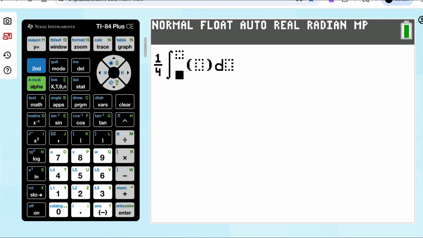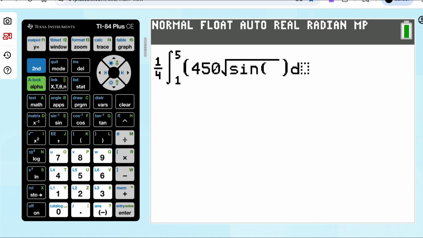Option number 9 gives us our integral. We're going to integrate from 1 to 5. And we're going to put in our function A of t. And our function for A of t was 450 times the square root of the sine of 0.62t. We'll use x here. And then we'll just throw our dx on there at the end.